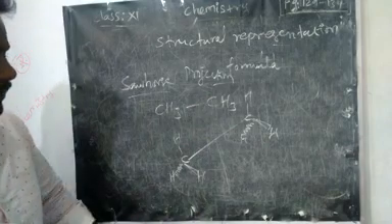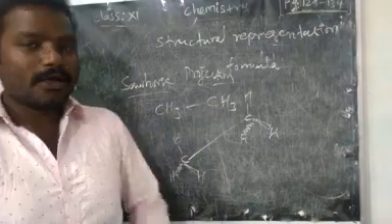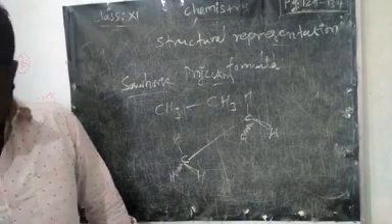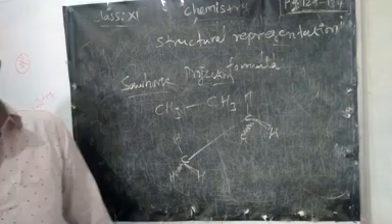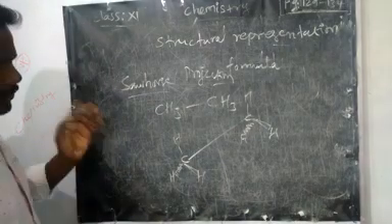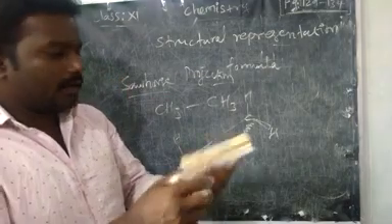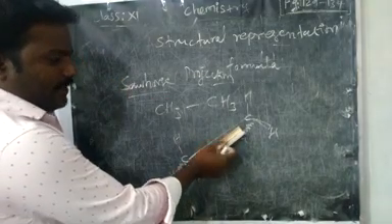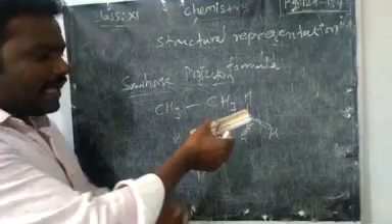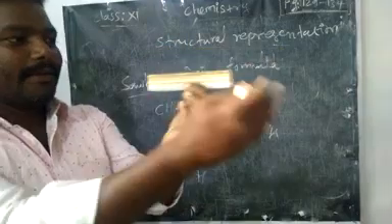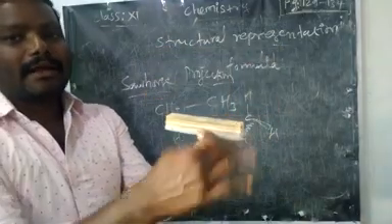Followed by this Sawhorse projection formula, we are going to see the Newman projection formula. If you take this Newman projection formula, just consider there is a bond. Now I am taking this bond. If I see through the front carbon, the back carbon may be hidden.